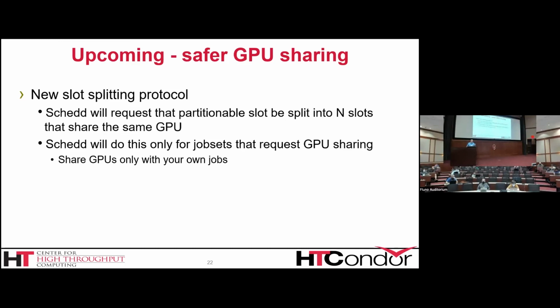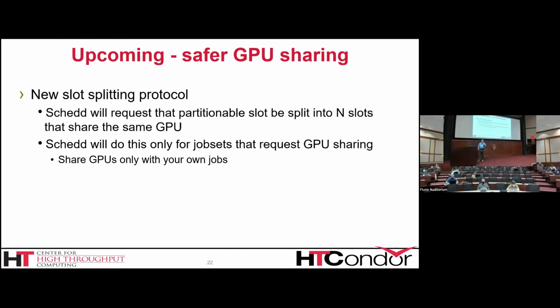What we're going to do instead is say, please create, let's say, two dynamic slots that are big enough to run this job. Each dynamic slot will get its own memory and CPUs, but it should share the GPU.